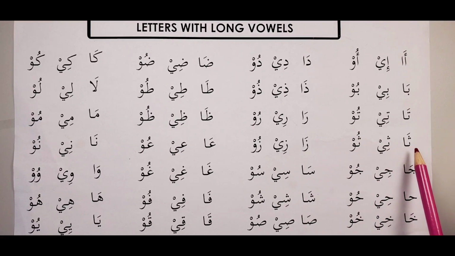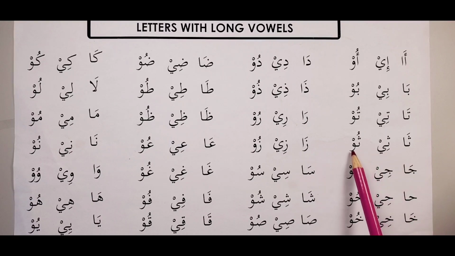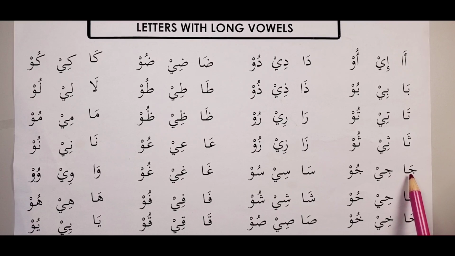Then on tha, tha, thi, thu. Okay, tha, thi, thu. Then here we have Ja, Ji, Ju. Ja, Ji, Ju.